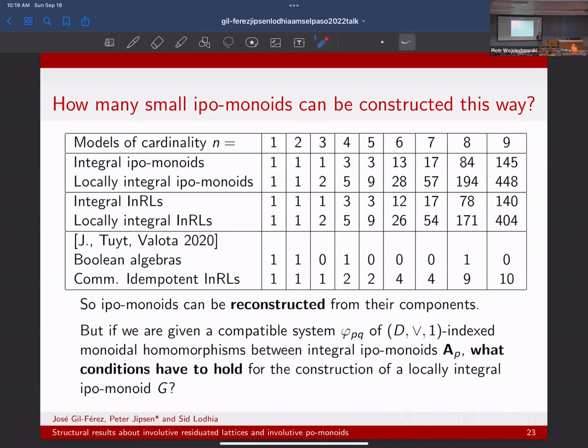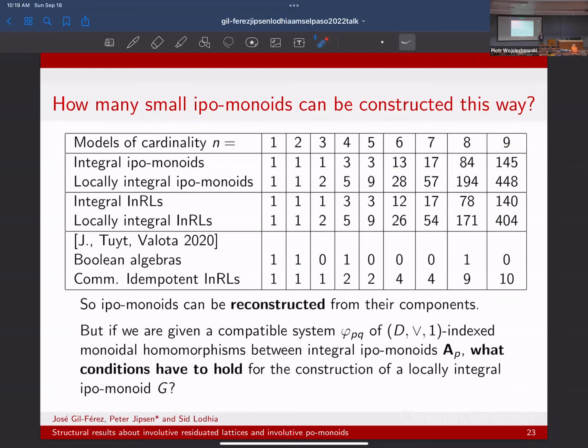Here's an interesting question. How many of these small finite IPO monoids can be constructed from components? So when you calculate small models, you can see that the integral IPO monoids, the ones that we don't fully understand the structure of, there's lots of them on 9 elements, 145 up to isomorphism.